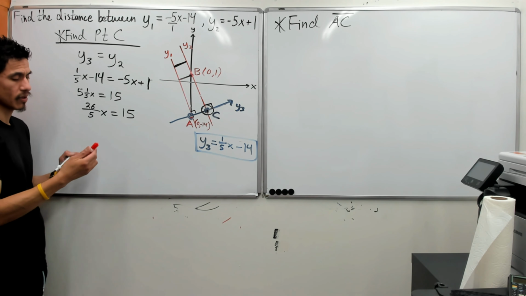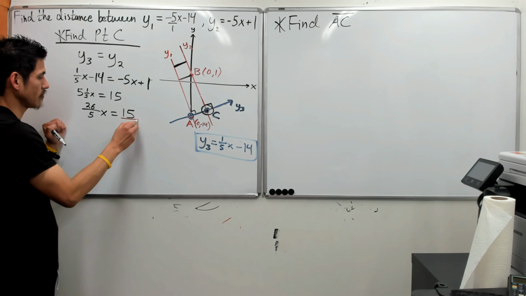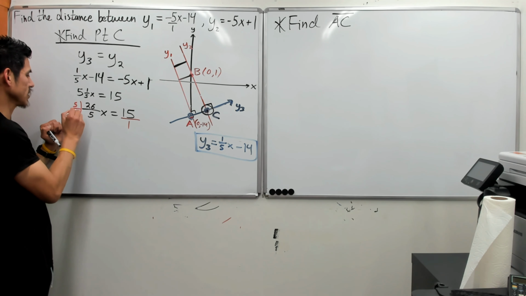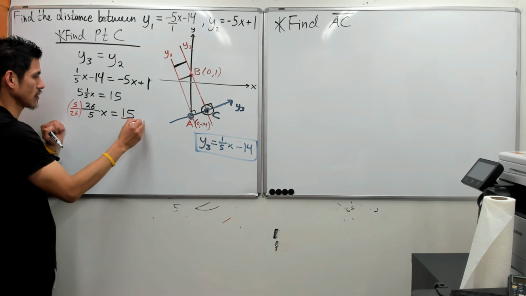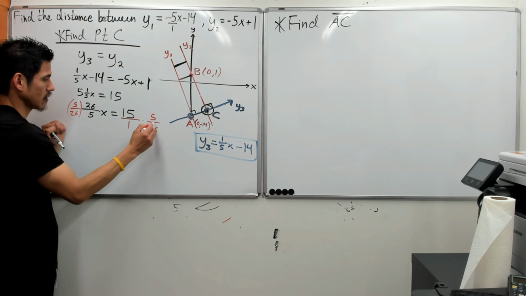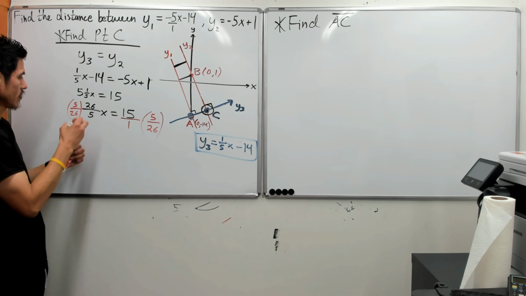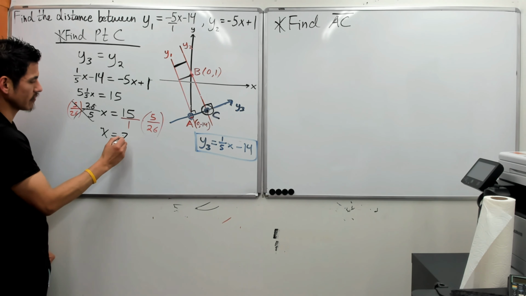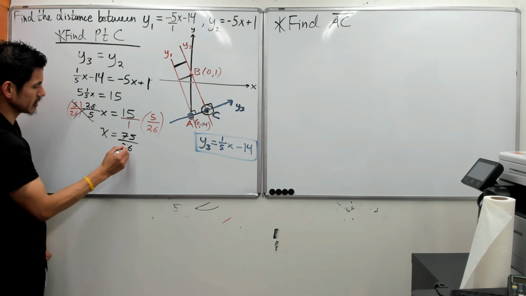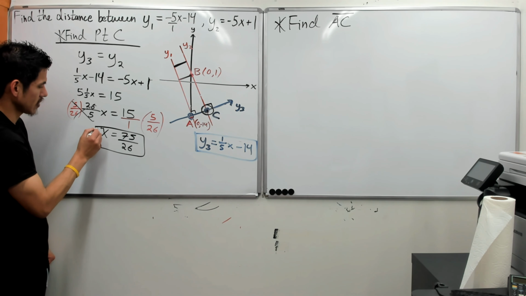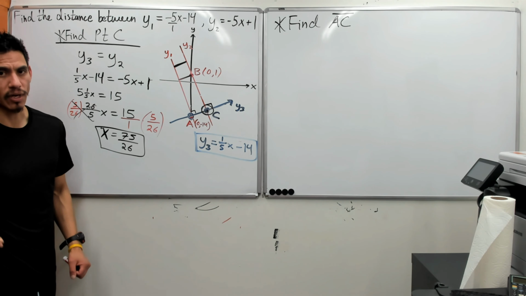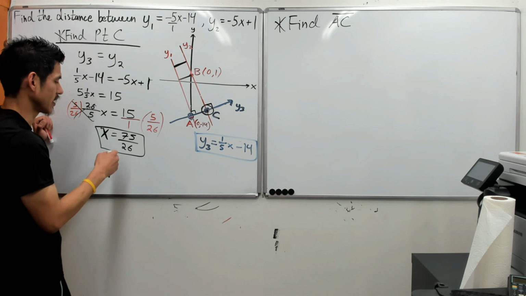Let's not forget our fraction math. Cancel the 26 over 5 by multiplying by 5 over 26. X will then be 5 times 15, 75 over 26. I'm going to leave it like this because I like to be precise, because that's how you accomplish greatness in life. So I'm not going to round it to a decimal.